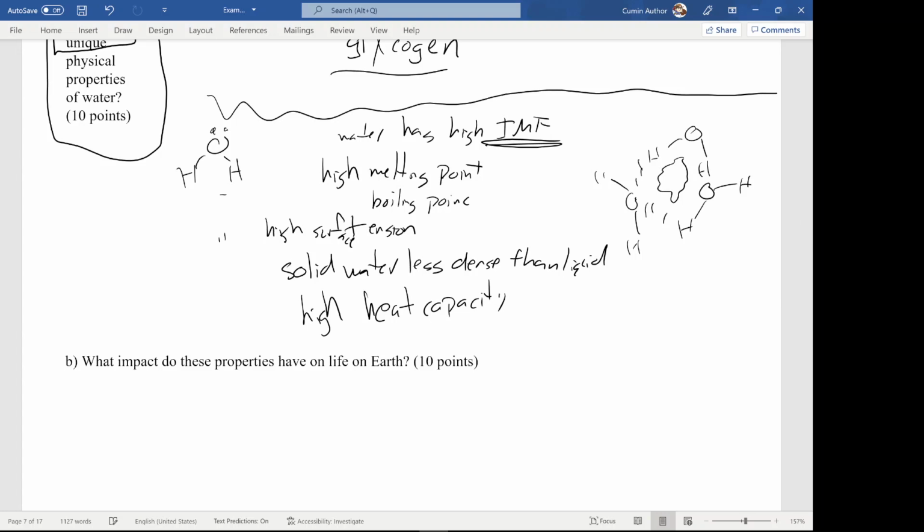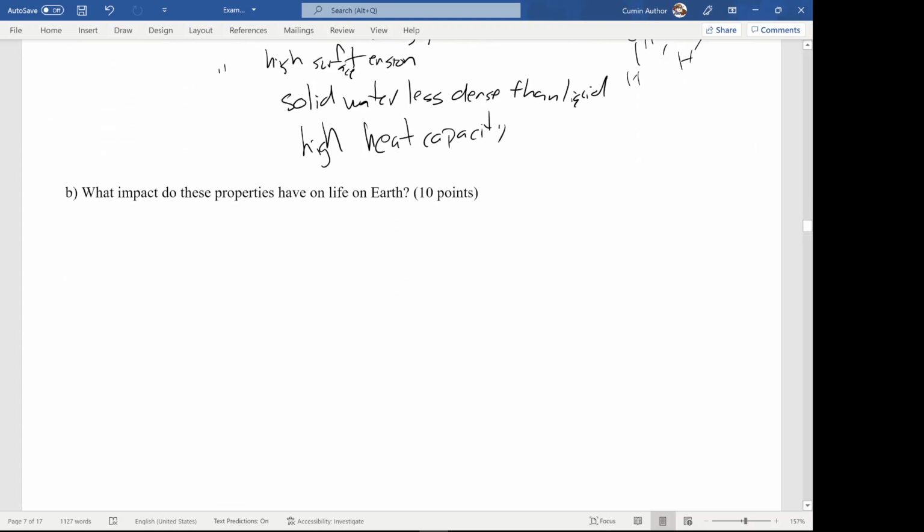And then we ask, well, what impacts do these properties have with life on Earth? And basically, for any of these, you need to muse about how that makes life easier to live on Earth. So, like, the heat capacity regulates surface temperature.